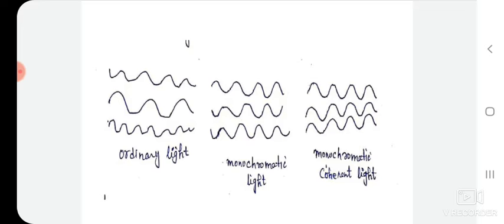In case of monochromatic light, it consists of light with a single wavelength, but all the waves are not in phase. If the wave is monochromatic, meaning single wavelength, as well as all in phase, then that source is nothing but monochromatic plus coherent light.